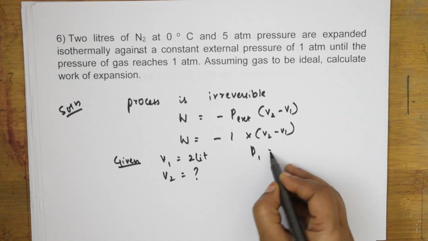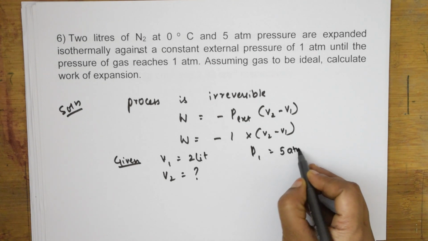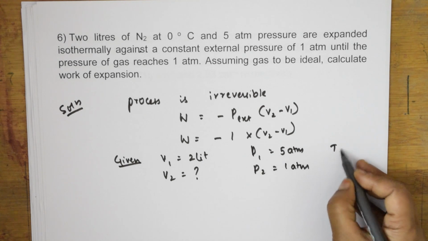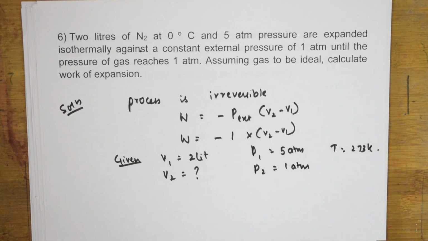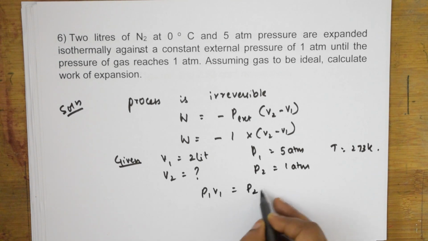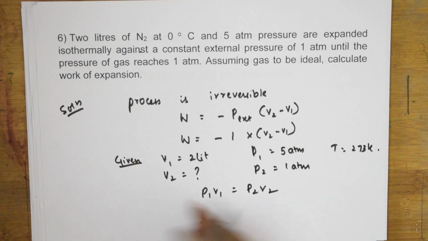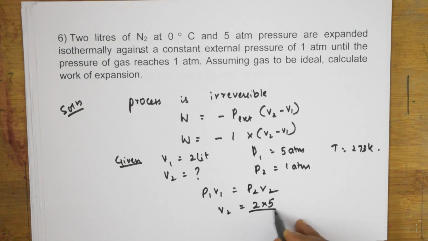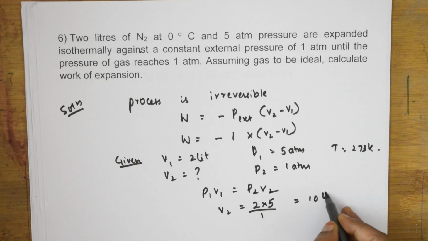P1 is 5 atmospheres, P2 is 1 atmosphere, and the temperature is 273 Kelvin. We very well know P1 V1 is equal to P2 V2. I need to find V2, so V2 is equal to 2 into 5 by 1, which is 10 liters.